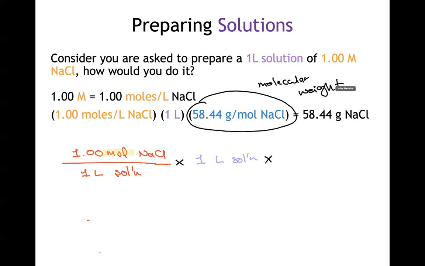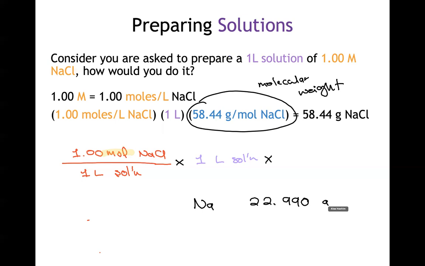How did we determine the molecular weight of sodium chloride? Well, sodium is in group 1A in period 3 of the periodic table, and it has an atomic weight of 22.990.